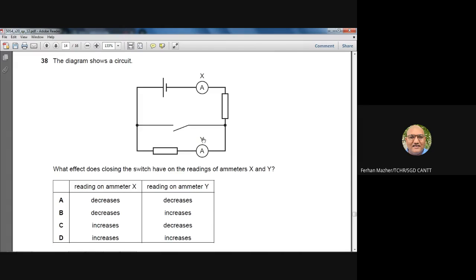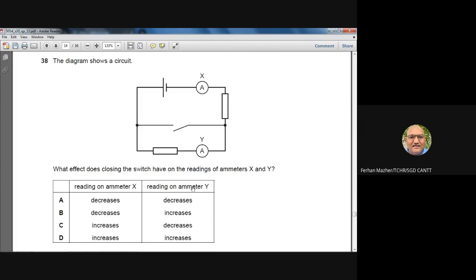When this switch is open, the loop of the current will be like this and going back. From here the current will be coming, and from here it will be going back. So it is experiencing two resistors which are equal, connected in series with each other.